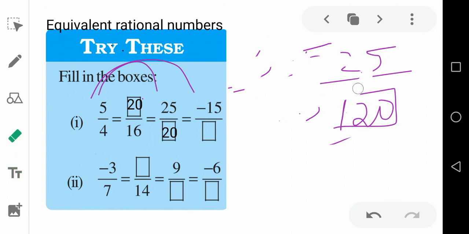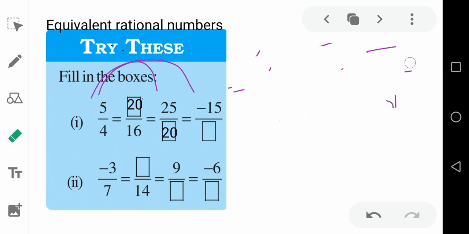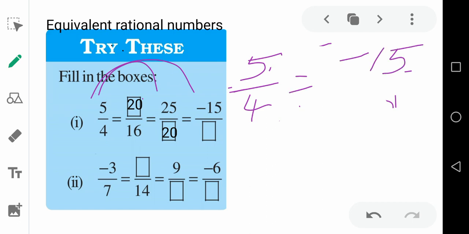Now coming to the next box. Which is it? So it is 5 by 4 is equal to negative 15 by box. Okay, for a negative number, you have to multiply with a negative number. So 5 3s are 15, you know. But negative means you have to put one negative. So the numerator is negative.